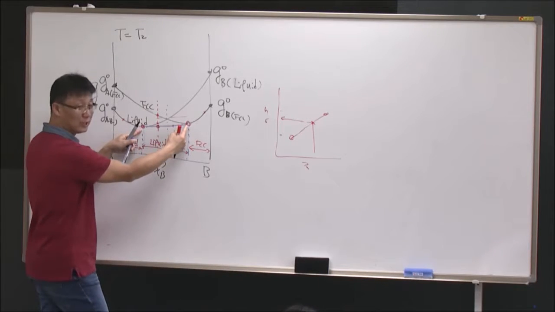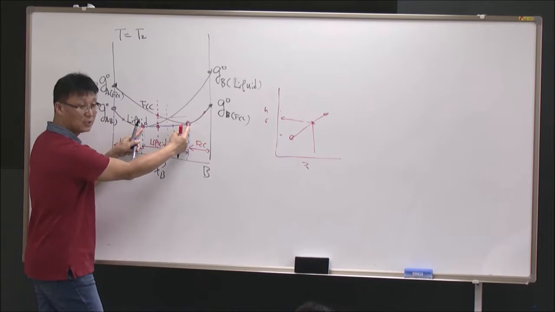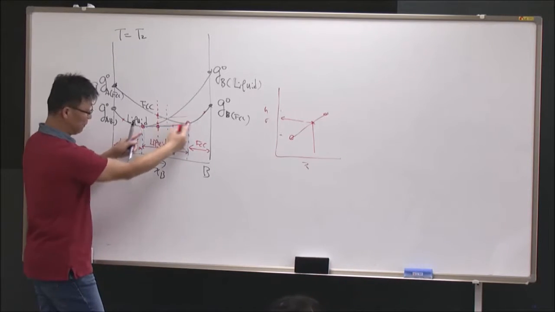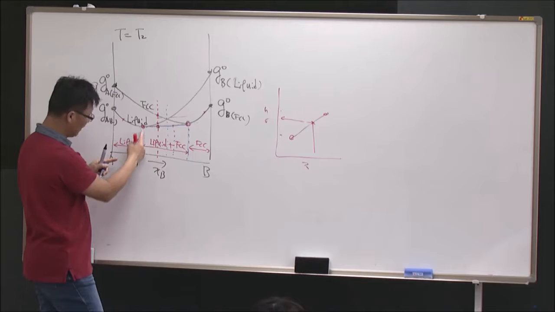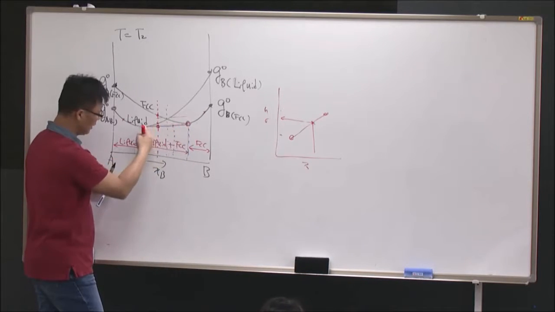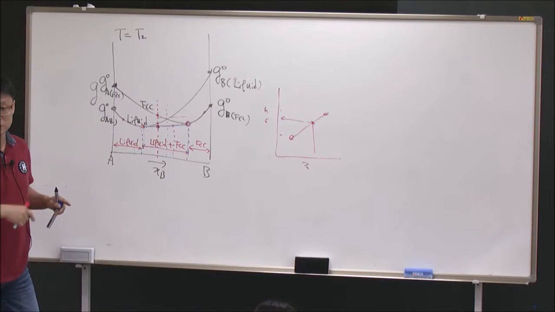Because these two cotangent points on the x-axis are the compositions of the liquid and the solid, which are in equilibrium, existing together. At exactly this composition, 100% liquid, at exactly this one, 100% solid, and inside, the amount changes depending on the position.